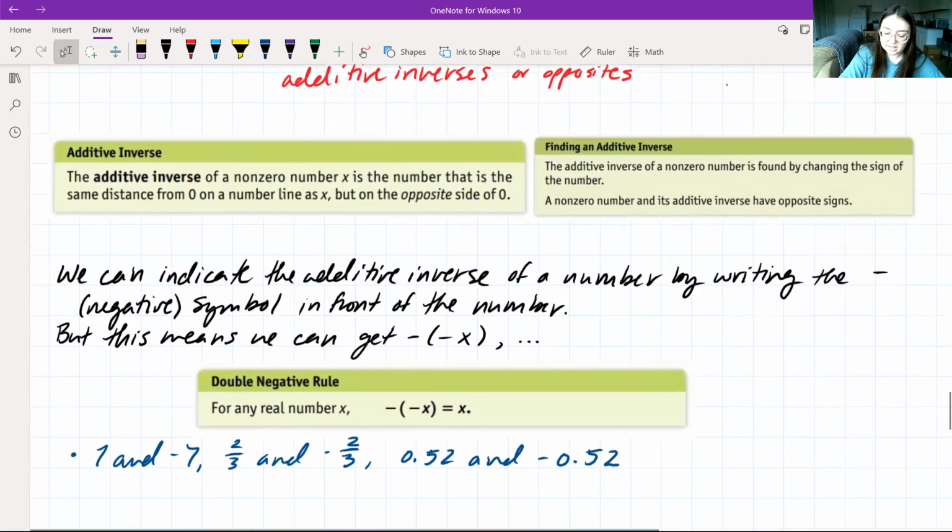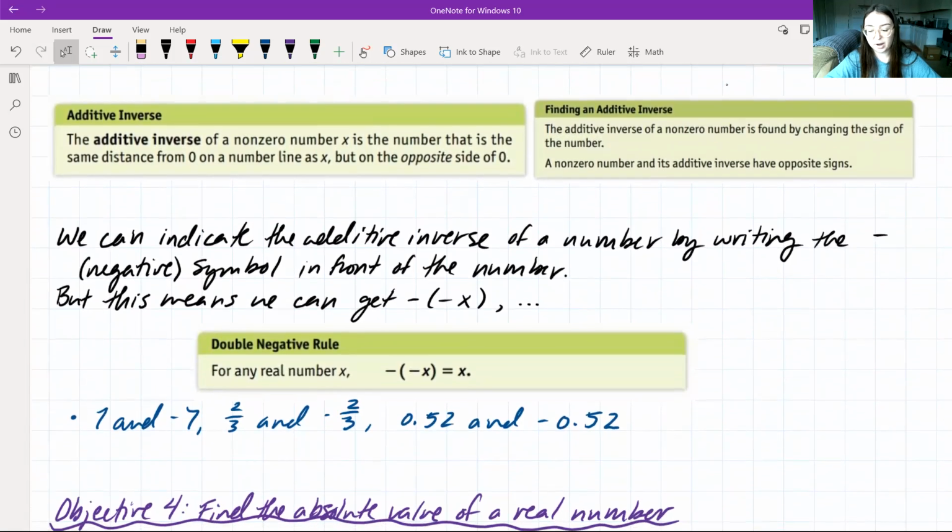So we can indicate the additive inverse of a number by writing the negative symbol in front of the number. But this means that we can also get a negative negative. So the double negative rule tells us that for any real number x, a double negative is just equal to the positive version of x.